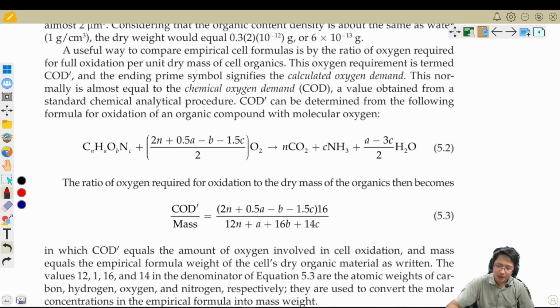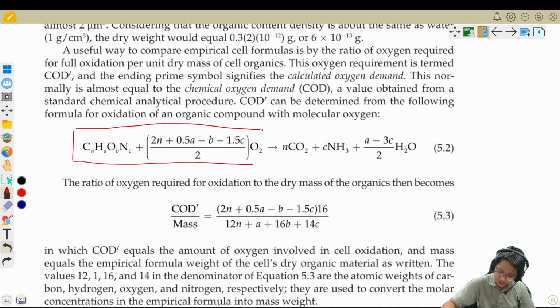We can apply this part of the equations to calculate the balancing numbers between the organic chemicals and the oxygen molar ratio.